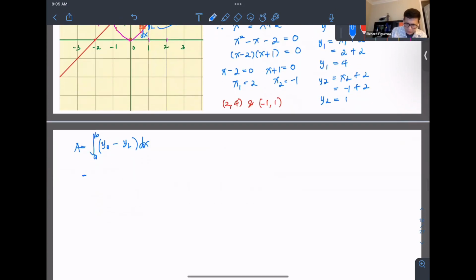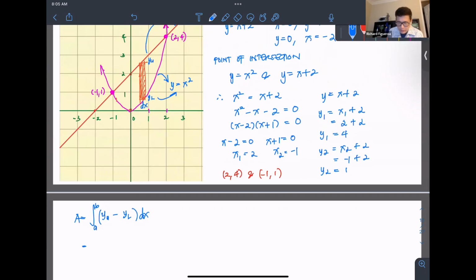So our area here, since this is dx, the boundary that we are going to get would be this one. This area starts from -1 up to +2.